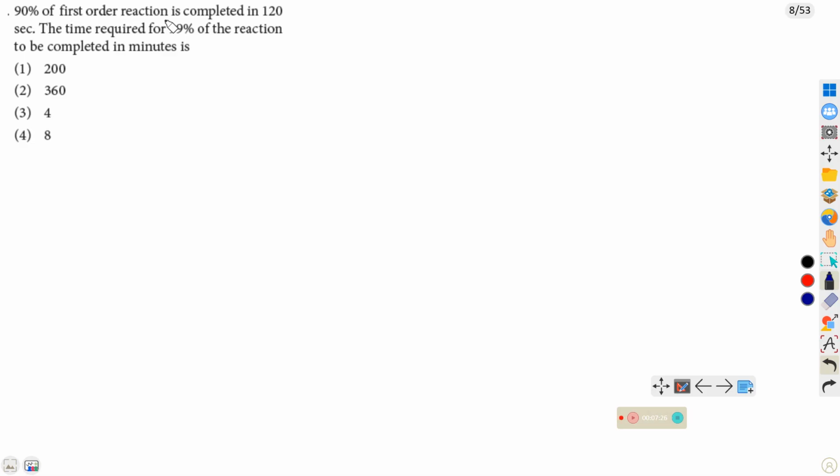90% of a first order reaction is completed in 120 seconds. Time required for 99% of the reaction to be completed, in minutes, is? The order of the reaction is first order.